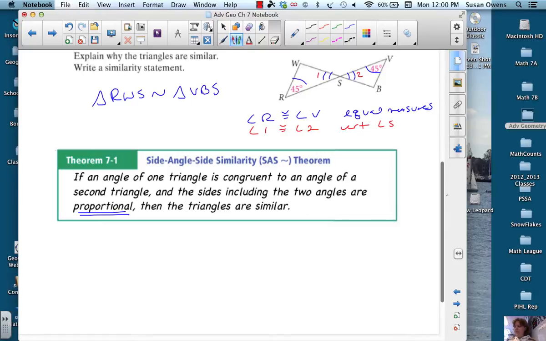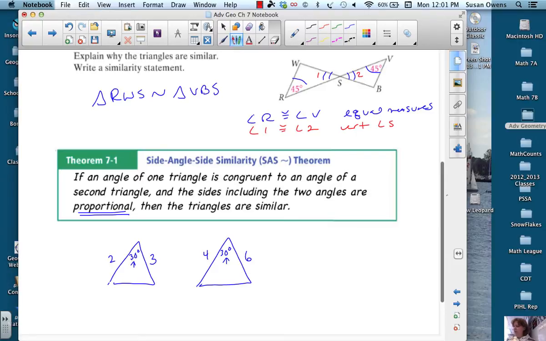So, for example, if I have two triangles and I say that this is a 30-degree angle, and this is a 30-degree angle, and then I say this is side 2 and this is side 3, and this is side 4 and this is side 6, we could say that the two triangles are similar because we have an angle in each that's congruent, and the other sides are in proportion.